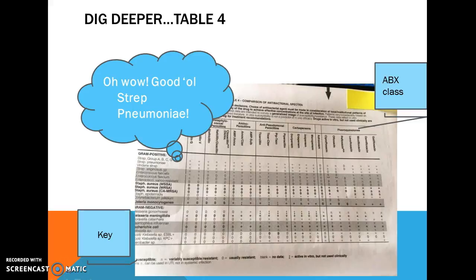So you want to be sure to understand the key at the bottom, which tells us your susceptibilities and how this drug might actually affect the problem that you are treating.